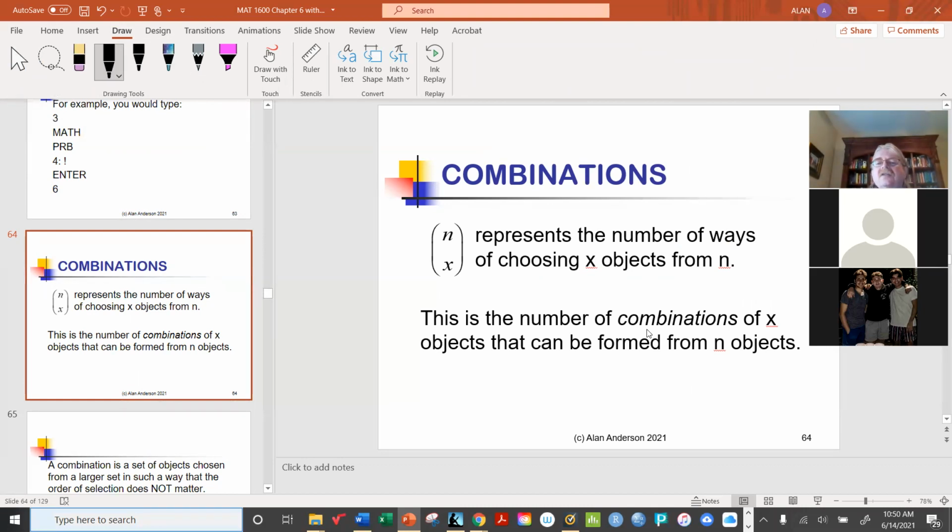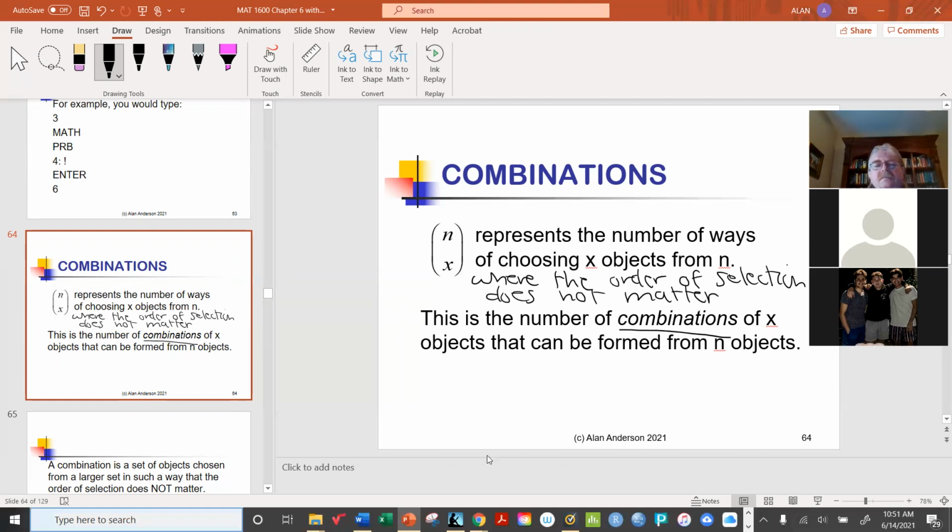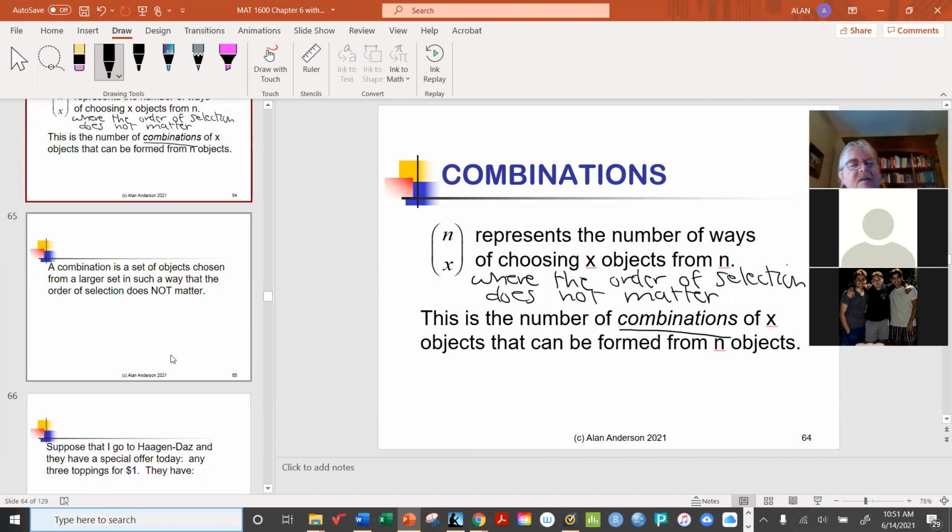The number of ways of choosing X objects from N where the order of selection does not matter. When that happens, each choice is referred to as a combination. So we'll see some examples in a second. It'll start to make sense when you see some examples.